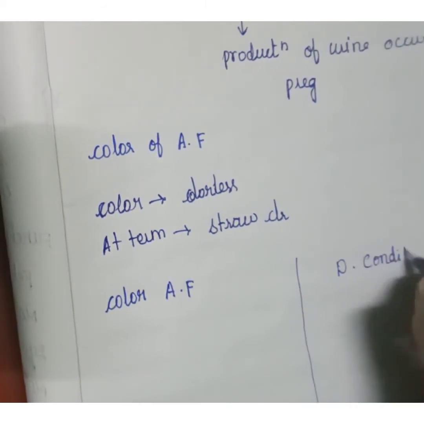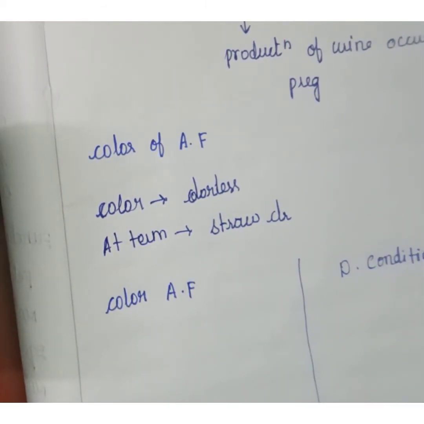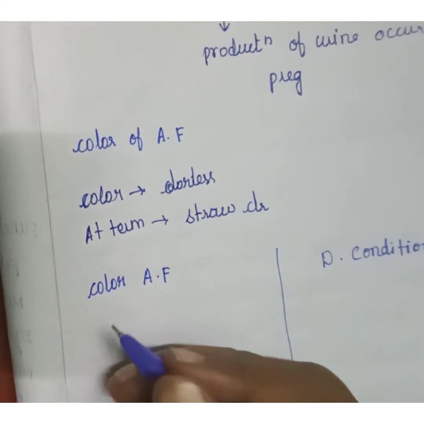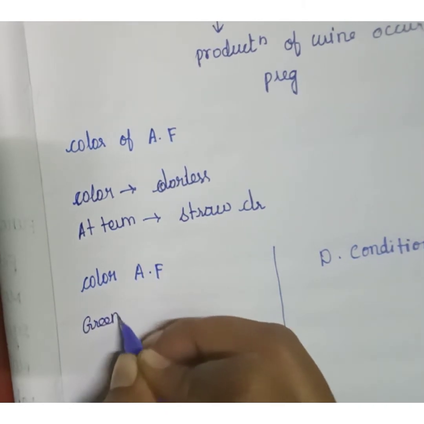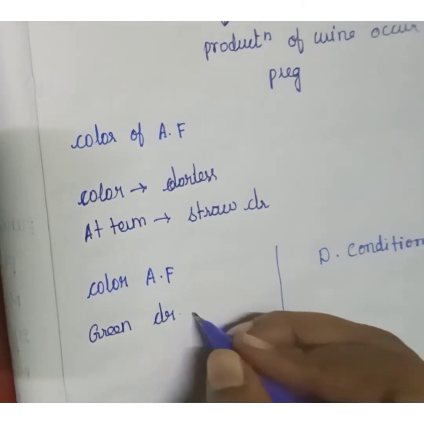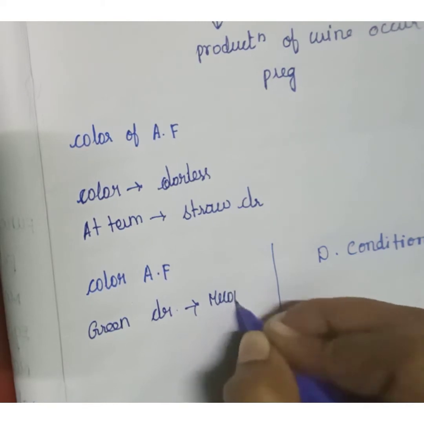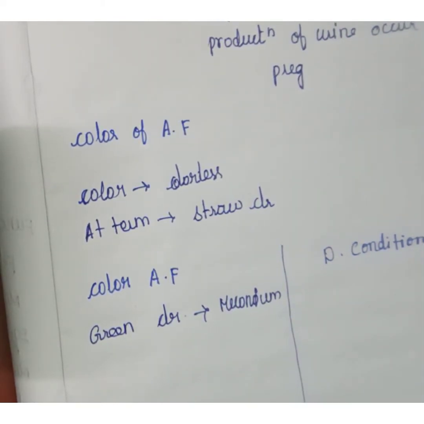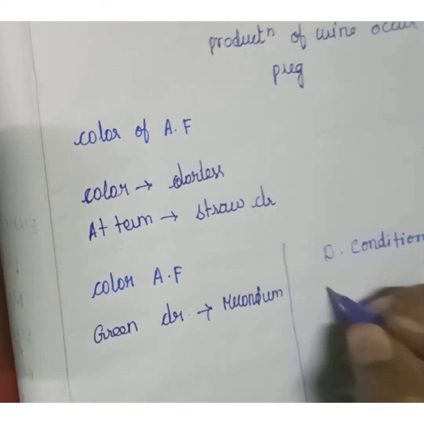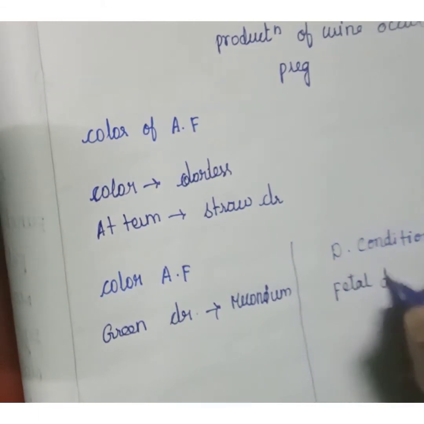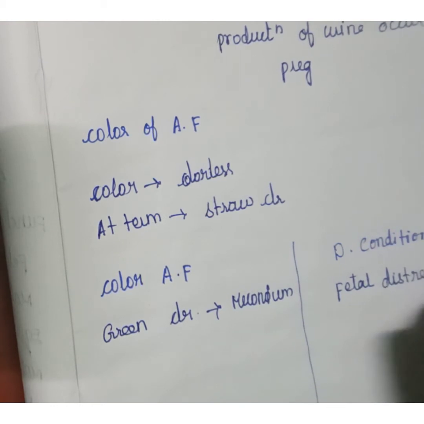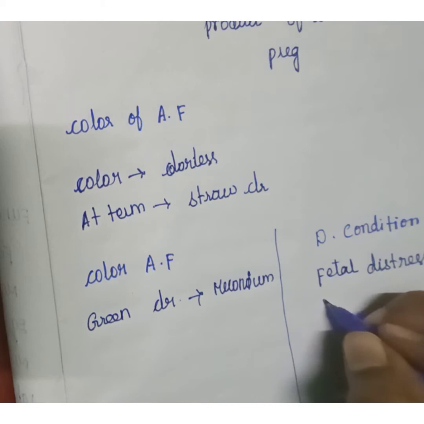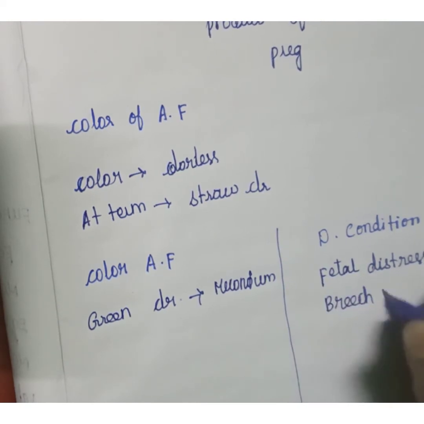First one is green color. Green color occurs due to meconium. In fetal distress the meconium will look like a green color in the amniotic fluid.